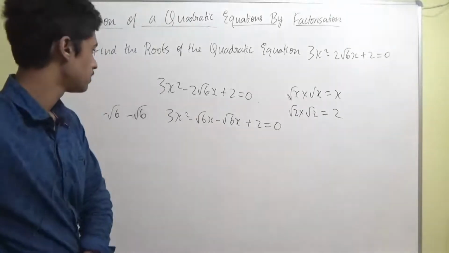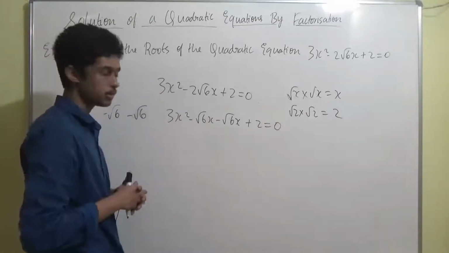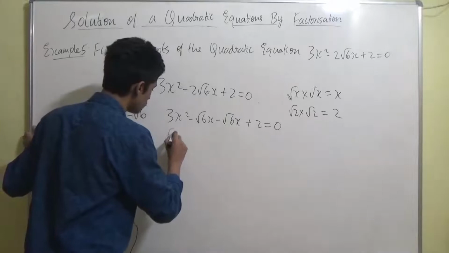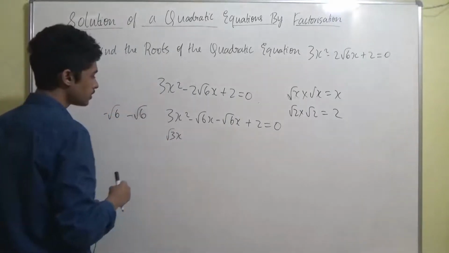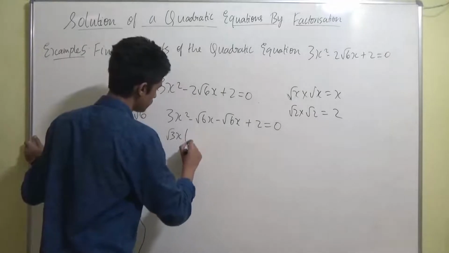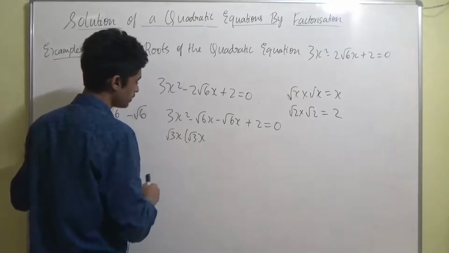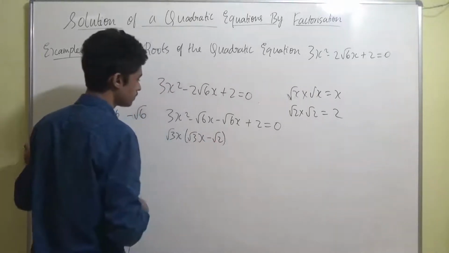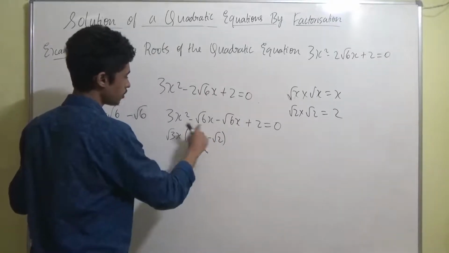Yeah, got it. So what you have to do is, root 3x into root 3x, then this becomes 3x square. Then you are going to get minus root 6x. When you multiply these two, you are going to get this term.